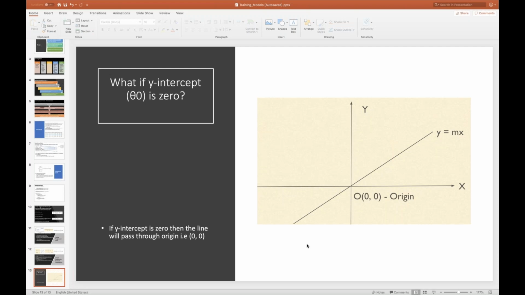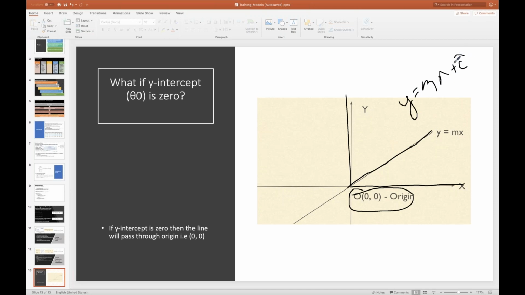Let's start from basics. This is your x-axis. This is your y-axis. And you know the origin O. Now, what is the formula? y equals mx plus c.